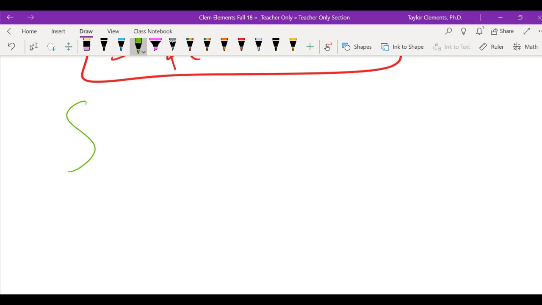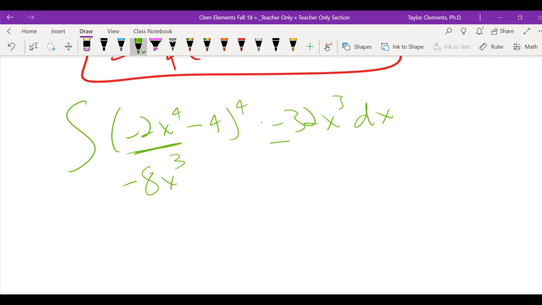It's the integral of negative 2x to the fourth minus 4, to the fourth, times negative 32x cubed dx. Naturally, we want to see the derivative of the inside somewhere. Well, let's see, what is the derivative of the inside? It would be negative 8x cubed. That doesn't match this.